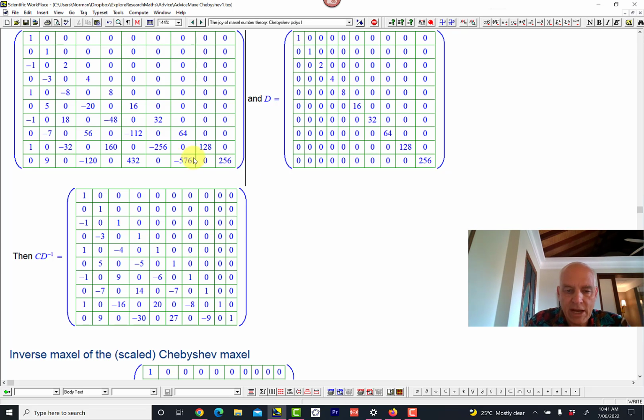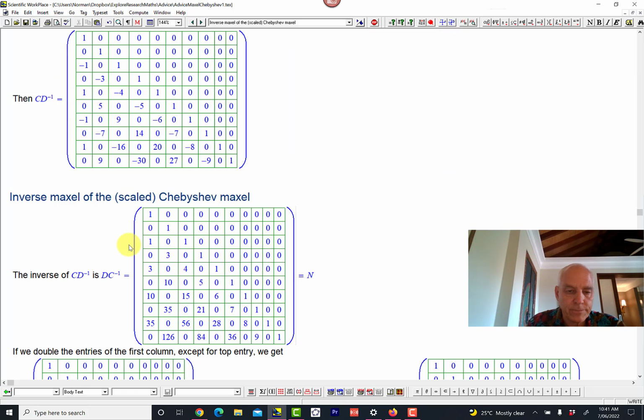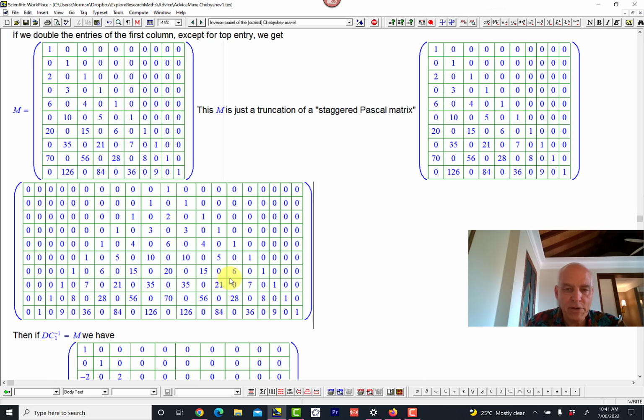And this thing here, its inverse. So now here's where we're using the crucial property of the inverse of a matrix. The inverse of this thing is the n, okay? And then if we perform this somewhat curious modification to n by doubling the entries of this first column, except for the top entry, okay? Then this new matrix M that we get is immediately just a truncation or part of a staggered Pascal matrix.